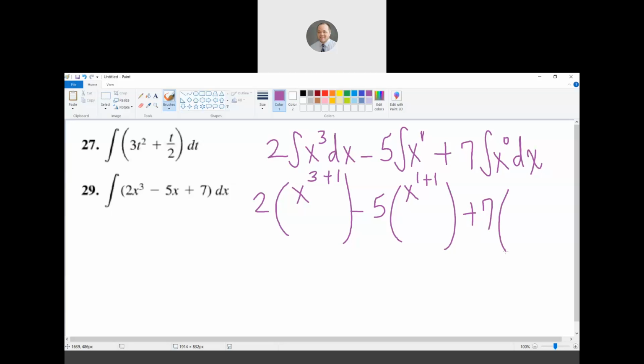So I'm doing that all together for each term. And instead of multiplying by your original exponent, you do the opposite, which is divide. So we'll divide each antiderivative by our new exponent.